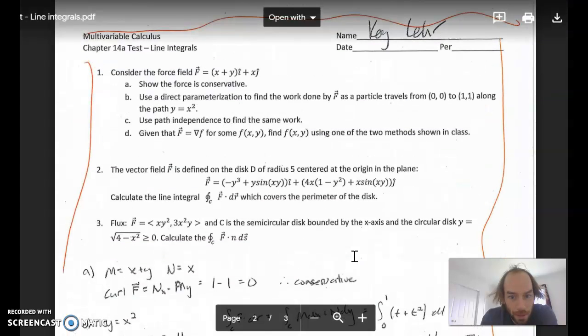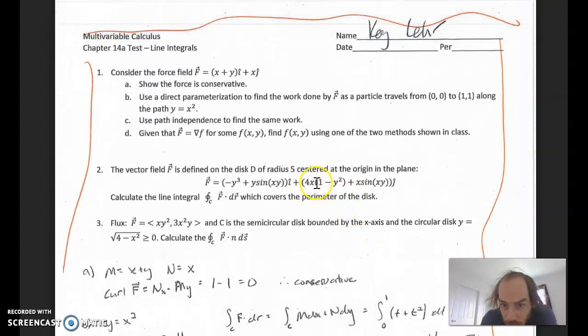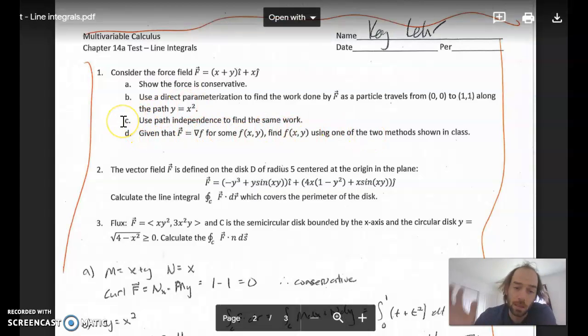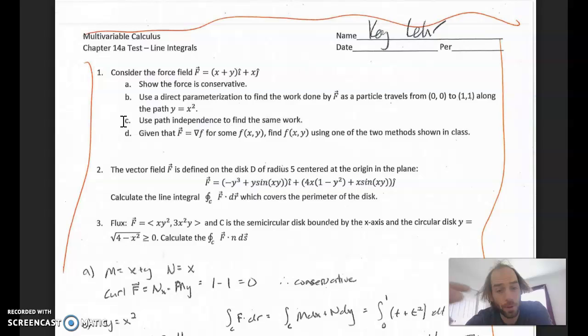Let's see what part B or part D says. Oh, so here I know that the force is the gradient vector for some function because it's conservative. Once we know that the curl is 0, we know that that could have come from some function.